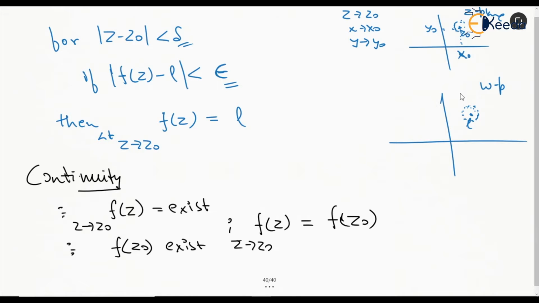Then only we can say that the function f of z is continuous at z equal to z naught. So the point is, like we have seen the limits, similarly in continuity the function has the condition that the limit should exist, the function should be defined at that value, and then these two values should be the same, right? Then only we can say that the function has continuity at that point.